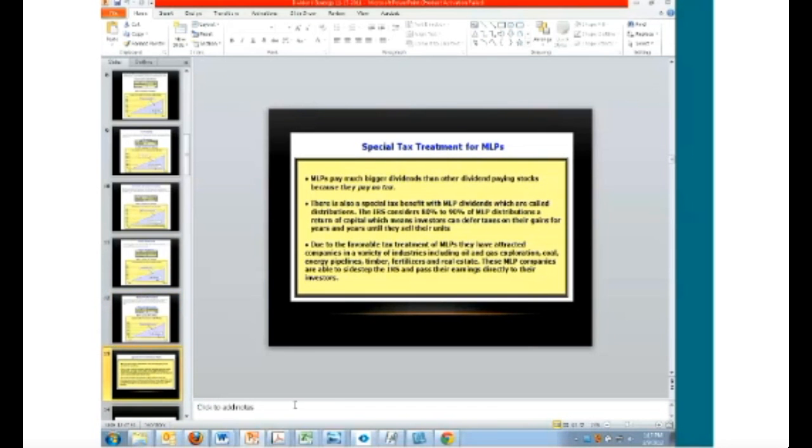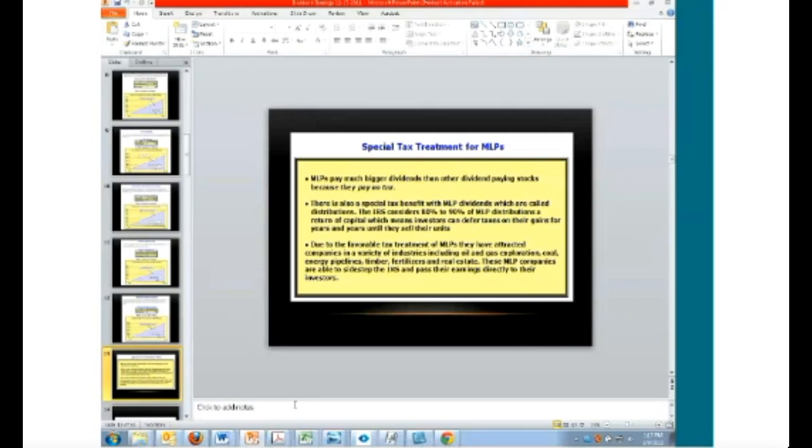And let's look at master limited partnerships here. And the MLPs are similar to the real estate investment trust in that they pay no tax. So again, that allows the MLPs and the REITs to pay much higher dividends than other dividend-paying stocks because they pay no tax.